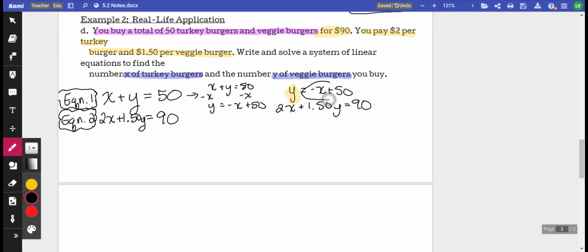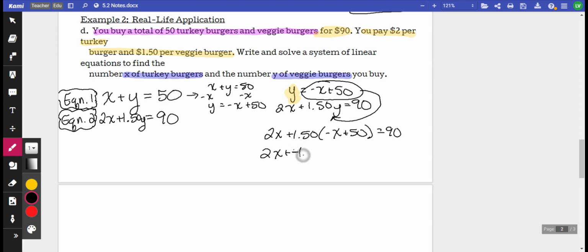So then I'm going to take this negative x plus 50 and plug it in for y. 2x plus 150 times negative x plus 50 equals 90. 2x plus negative 150x plus 1.5 times 50 is going to be 75.